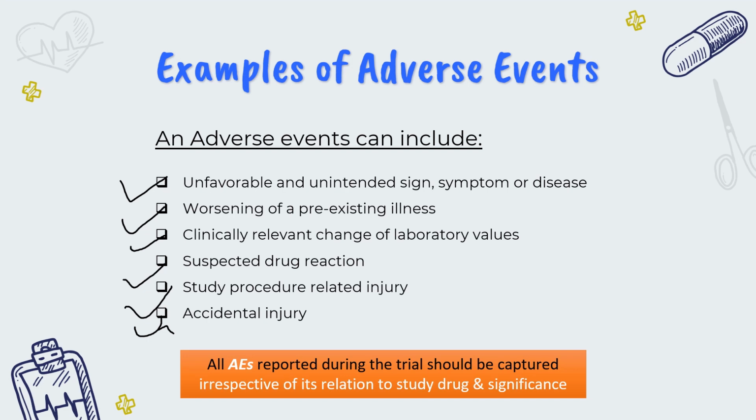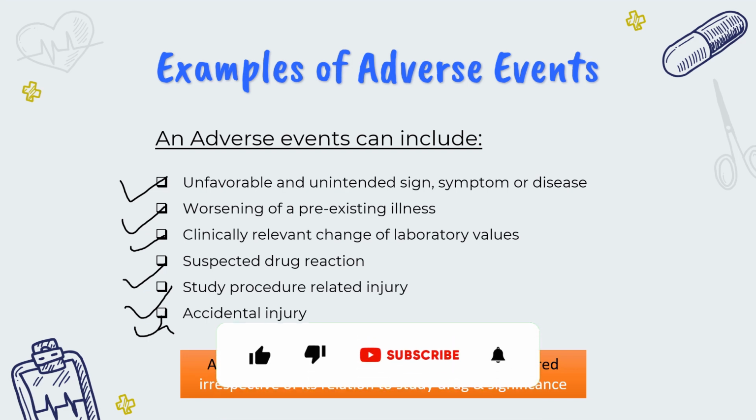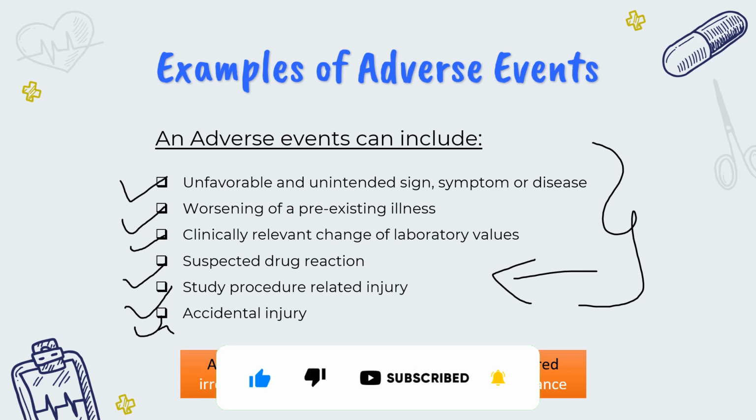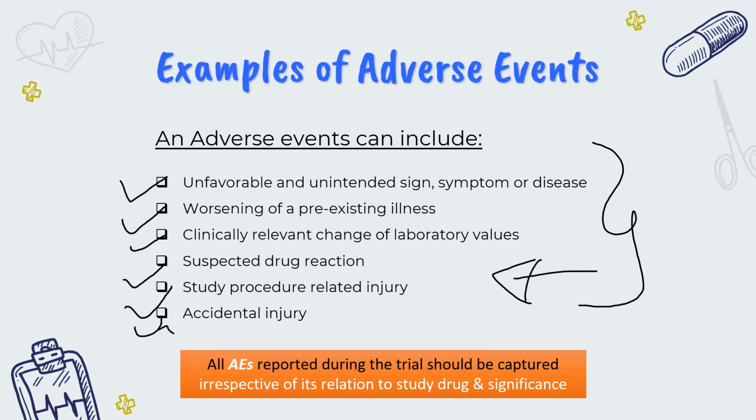It is possible that in future you can determine the causality if we have collective cases of a particular adverse event after taking a particular medication. But it is very important at the fundamental level that you report all adverse events. And being a clinical research professional or pharmacy professional, it is very important for us to ensure that we report all these adverse events, and we are very careful about AE reporting.